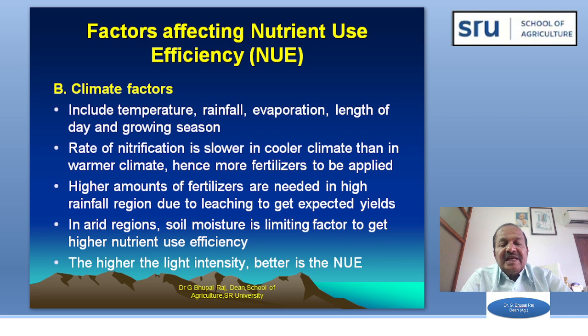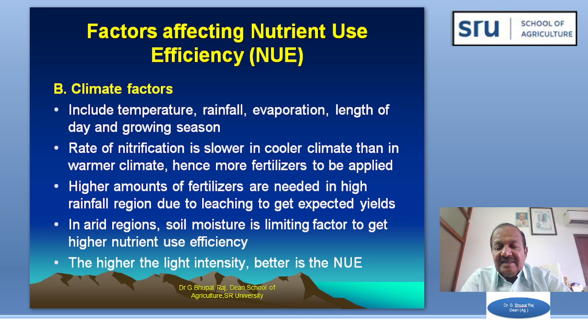Then coming to climate factors, there are different parameters like temperature, rainfall, evaporation, length of day, and growing season. The rate of nitrification is slower in cooler climates than in warmer climates. So when the climate is cold, the rate of nitrification is much lower compared to warmer climates with high temperatures.